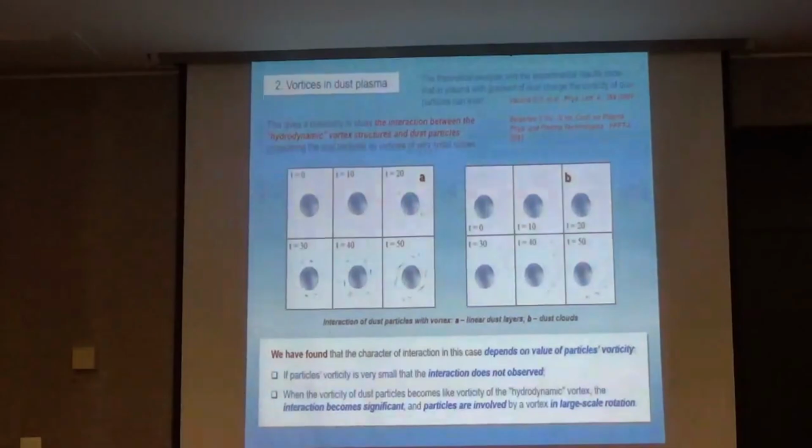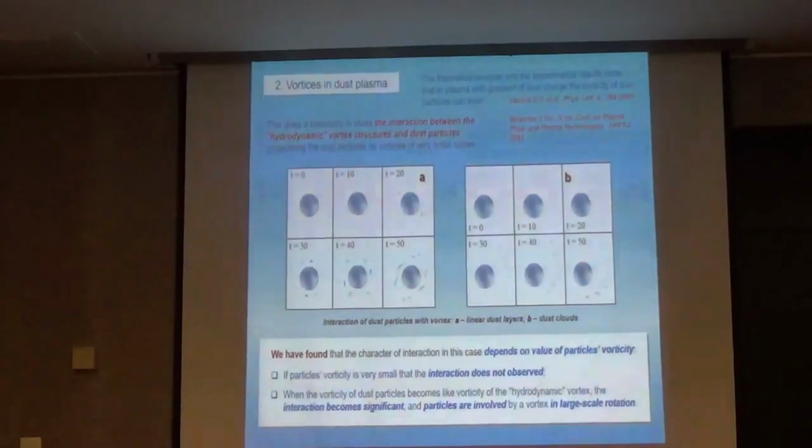You can see our results on interaction of dust particles with vortex for linear dust layer, left picture, and for dust plumes, right picture. So we have found that the character of interaction in this case depends on the value of particles' vorticity.